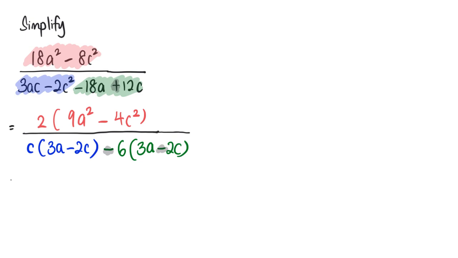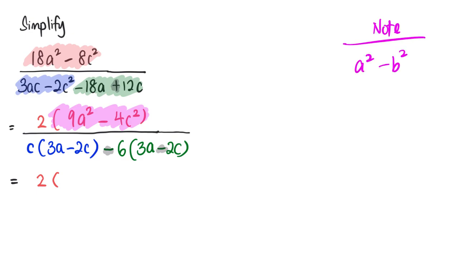Finally, do take note that we can continue to simplify this. Okay, so if you focus to the right side of the video, we could tack on this special product.